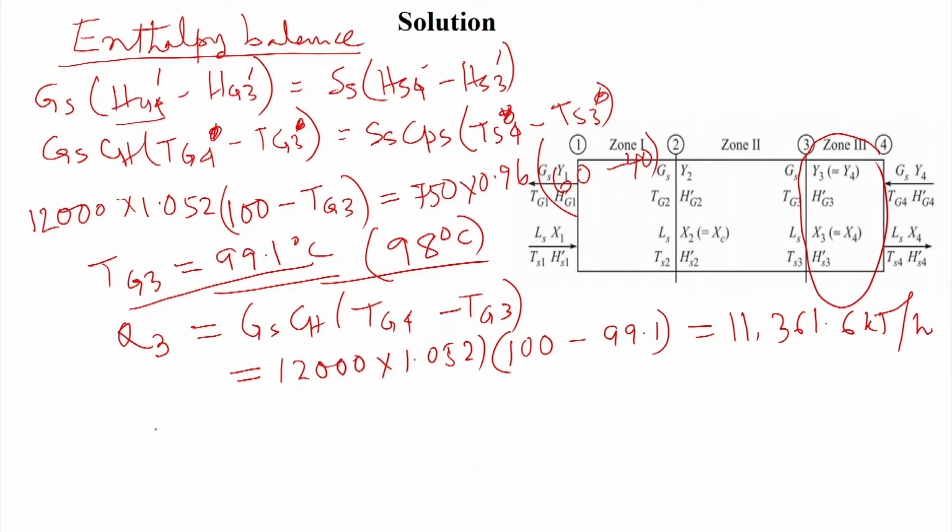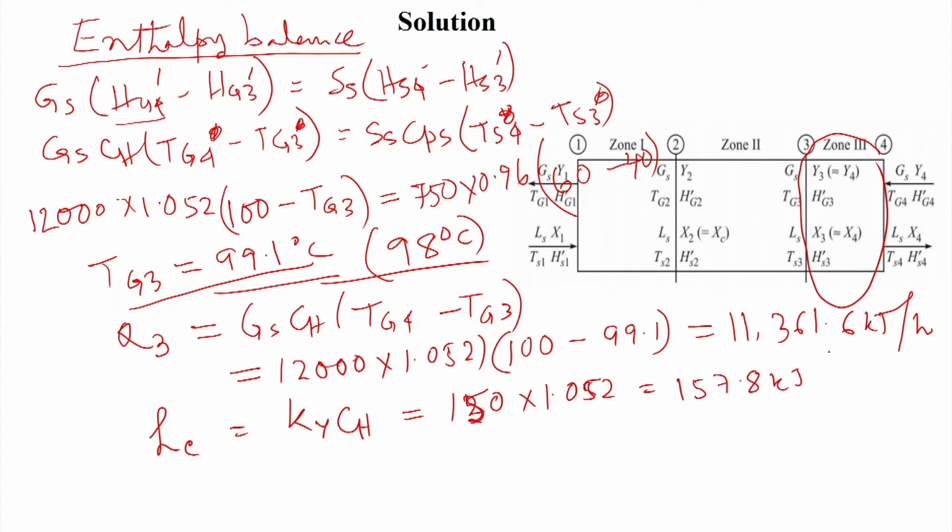Okay. And we have Hc is equal to Ky into Ch. So, Ky is equal to 150 into Ch is equal to 1.052, that is 157.8 kilojoule per meter square hour Kelvin. Okay. Now, we need to get the temperature driving force.